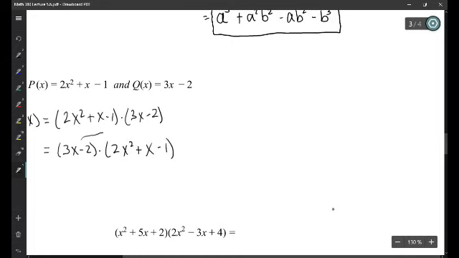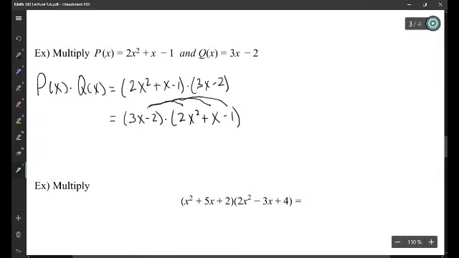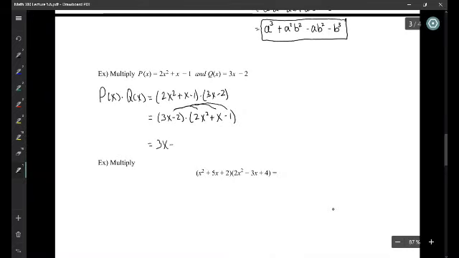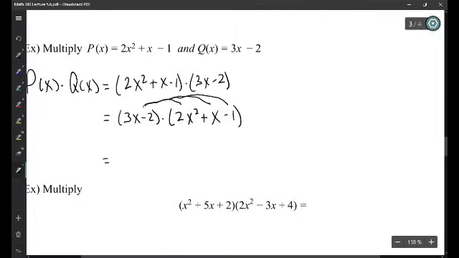Then distribute in. We have 3x times 2x squared plus, well, it's 3x minus 2 times 2x squared. So let me do 2x squared first. And then times 3x minus 2.